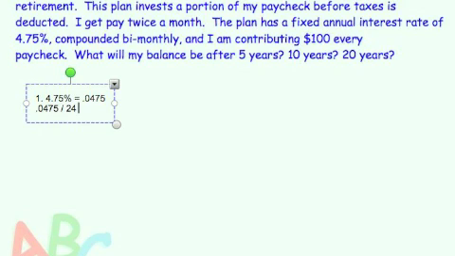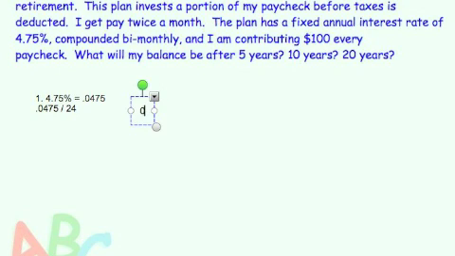So when I take 0.0475 and I divide it by 24, the bi-monthly interest rate is 0.001979. So that is my bi-monthly interest rate.